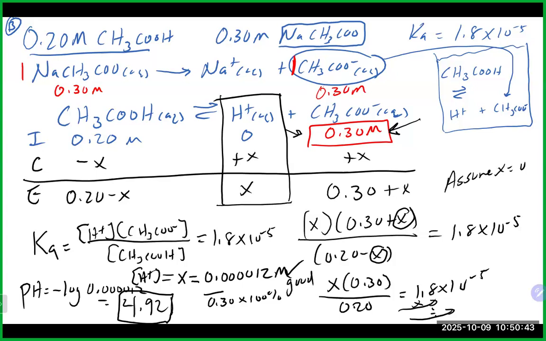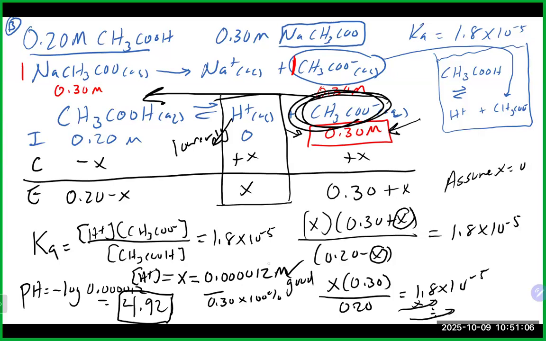Again, not basic, but it is going in the upper direction, and we end up with a pH of 4.92. That is a direct result of having that extra acetate in that solution, causing that equilibrium to shift to the left and ultimately lowering the H+ concentration.